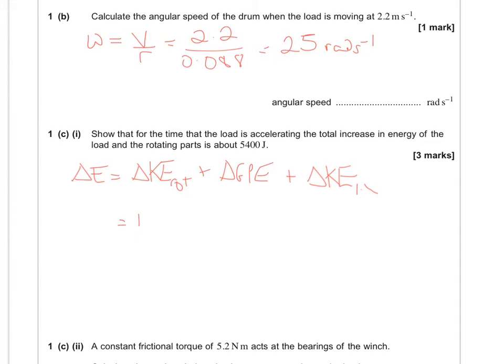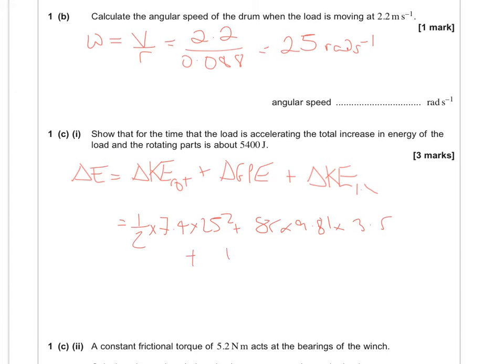So that is going to be half times the moment of inertia, which was 7.4, times the angular speed squared, so that's 25 squared, plus it's 85 kilograms times 9.81, and then we multiply that by the height change.